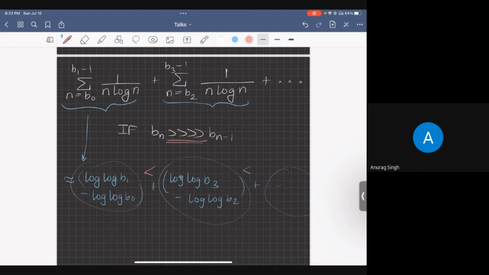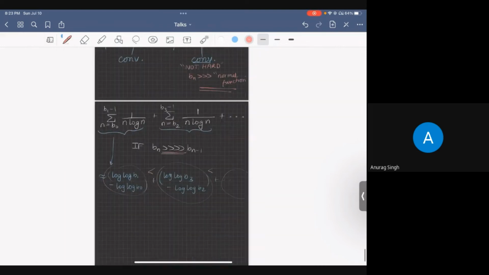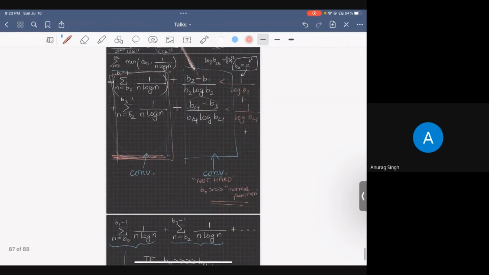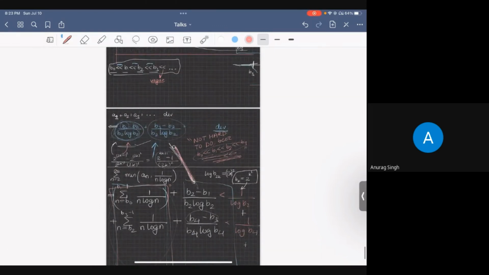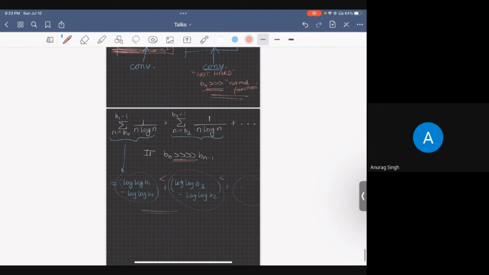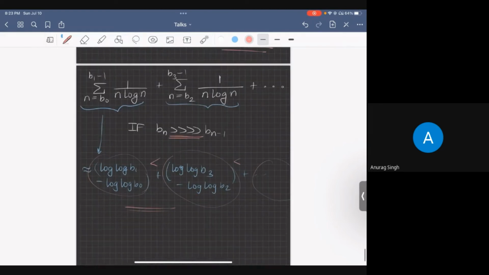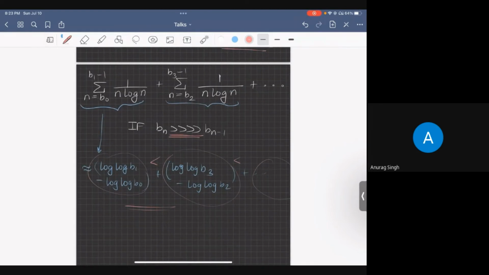So now the difficulty is to balance the fact that here we want it to be large enough, and here we don't want it to be too large. So the question now reduces to balancing these two things.